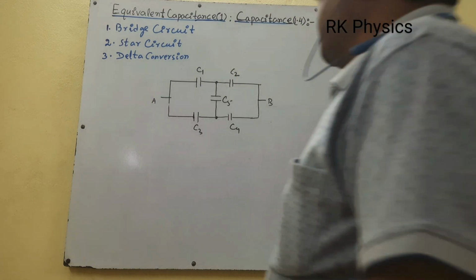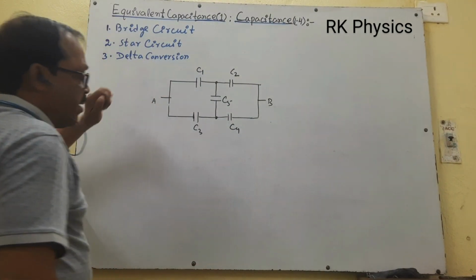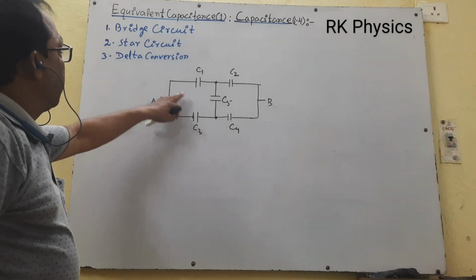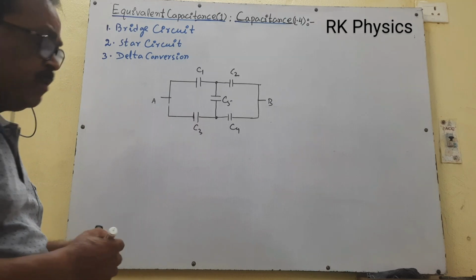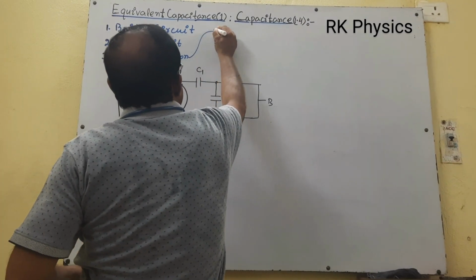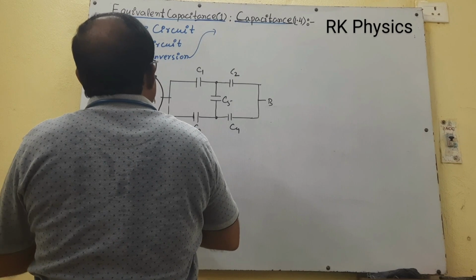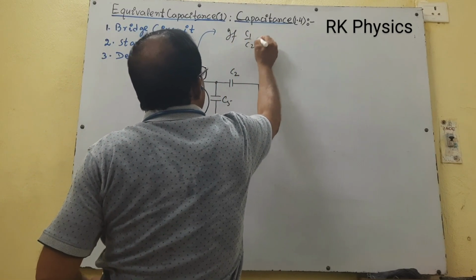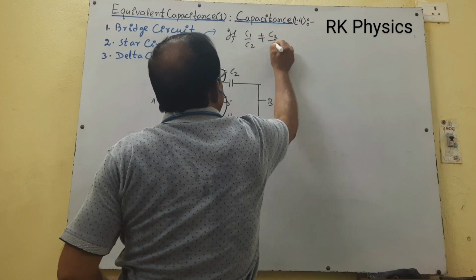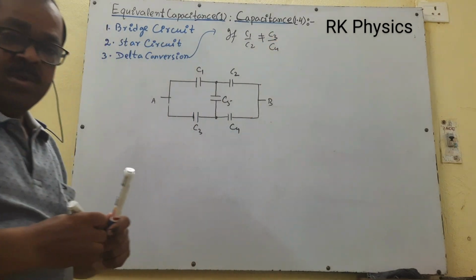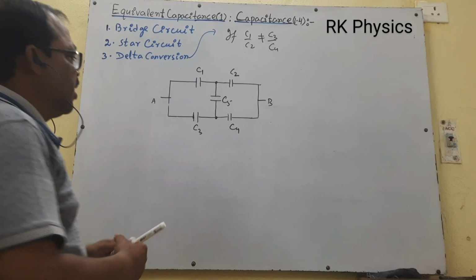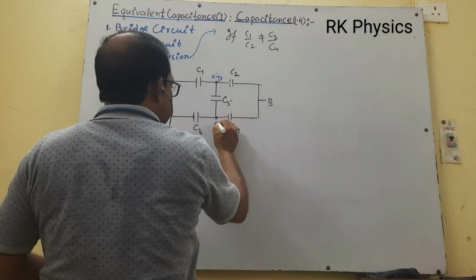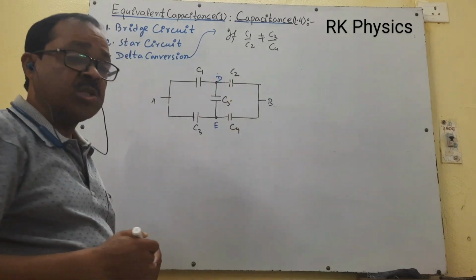Now let us discuss circuit delta conversion. What is a delta conversion? I am taking the same bridge circuit. Condition: if C1 by C2 is not equal to C3 divided by C4, then the potential across D and the potential across E are not the same.